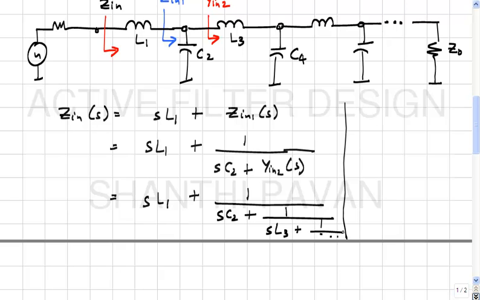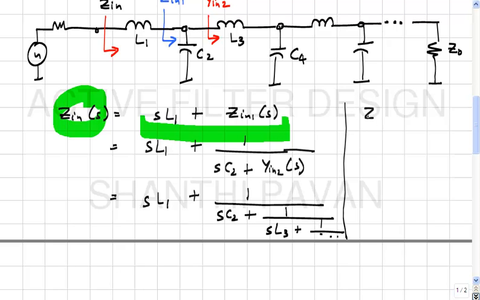We are setting s to infinity and seeing what happens to Zn of s, and we are setting s to infinity on the right hand side also, and we are exploiting the fact that Zn1 of s tends to 0 as s tends to infinity. That is what we are doing, correct.